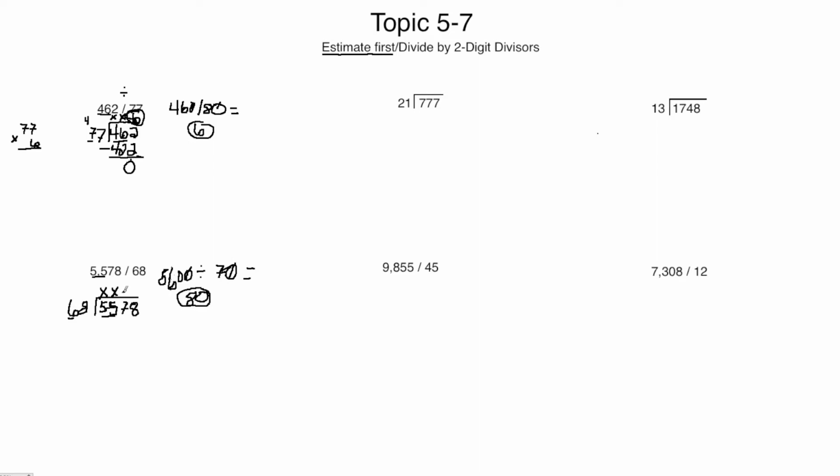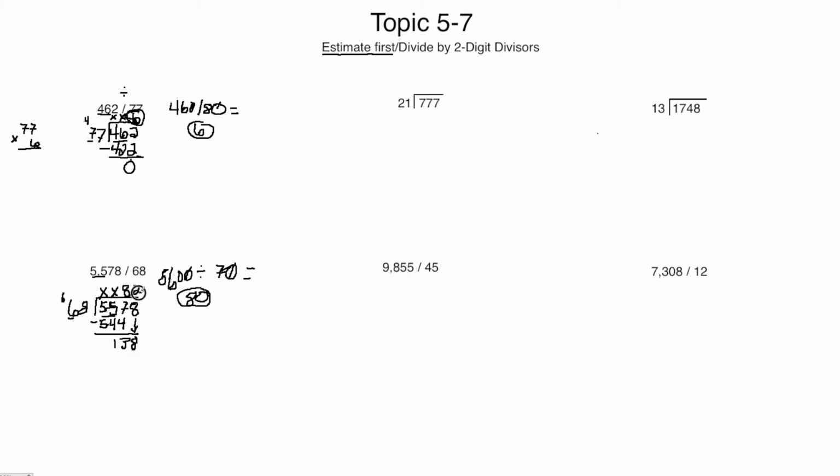So let's try 8. Let's see if that works. So 8 times 8 is 64. Carry the 6. 8 times 6 is 48. 48 plus 6 is 54. You subtract. You get a 1, you get a 3, and then bring down the 8. Now, how many times can 6 go into 13 without going over? Well, that would be twice.